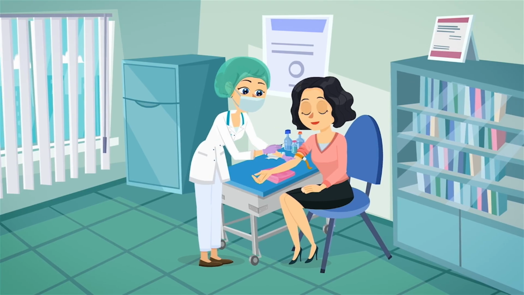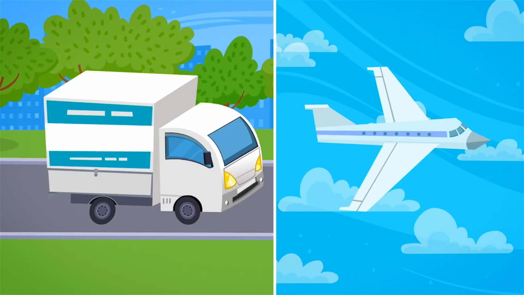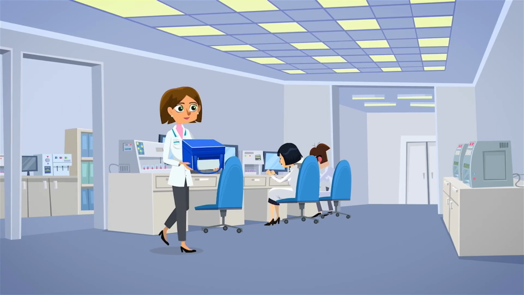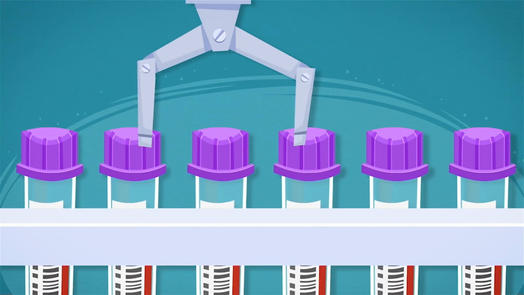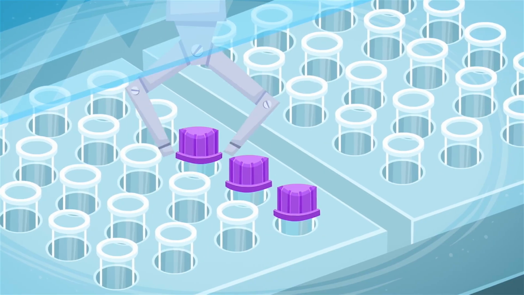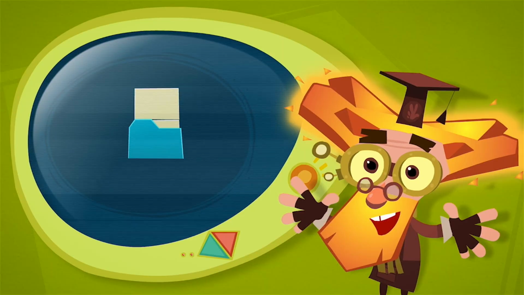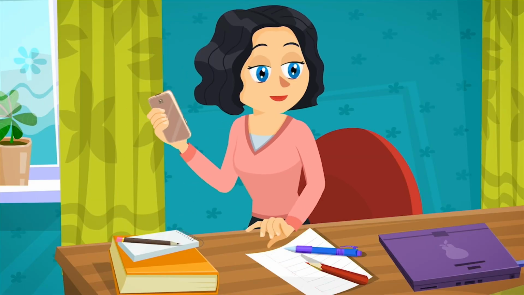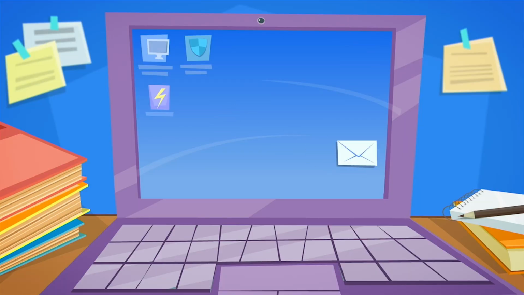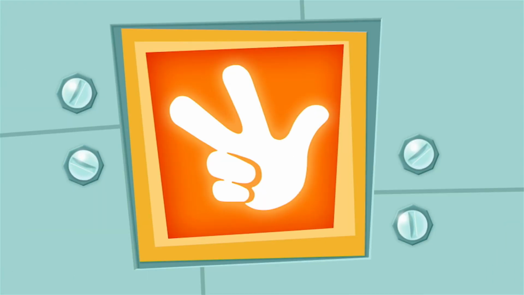After you give some blood to be analyzed, the test tube is sent on a real journey to reach the laboratory for analysis. In the laboratory, it moves from one analyzer to another, each one of them examining a different part of your blood. Then, all of the data is put together, and that's it. The blood test is done. You can get an email when the report is ready and check the results online, so you don't even have to go out to pick it up. Pretty cool, huh?